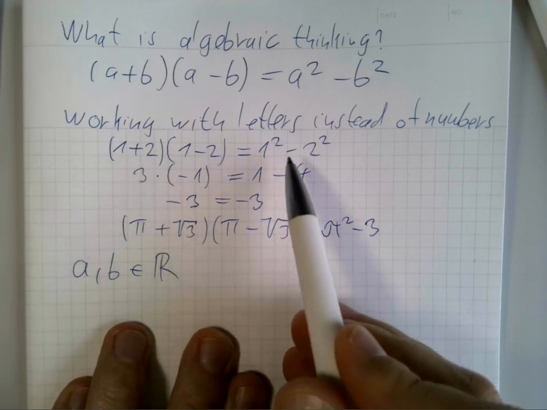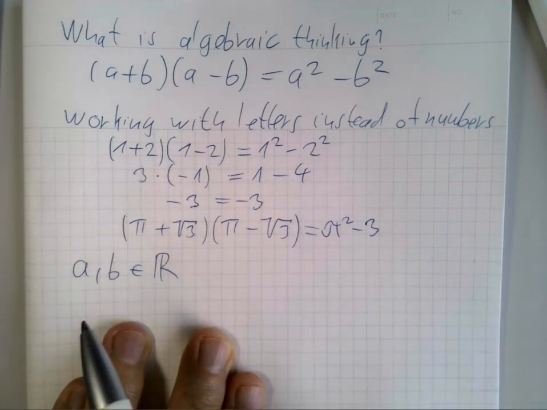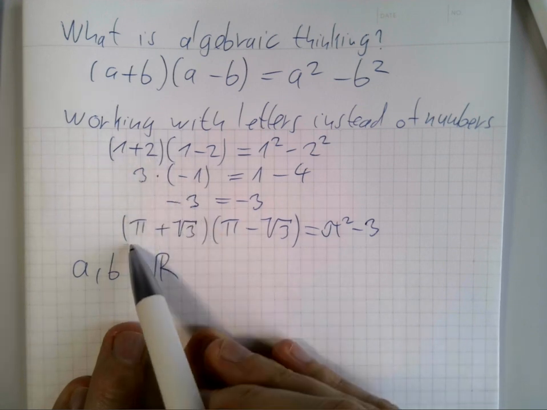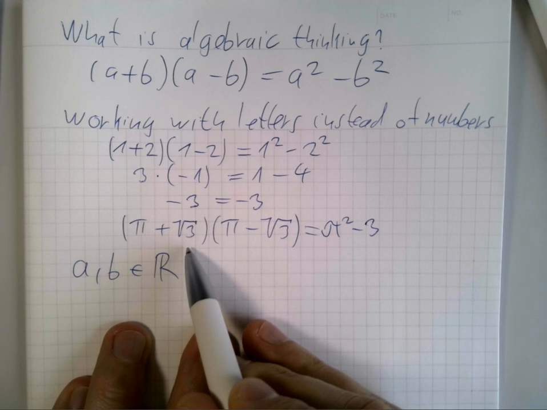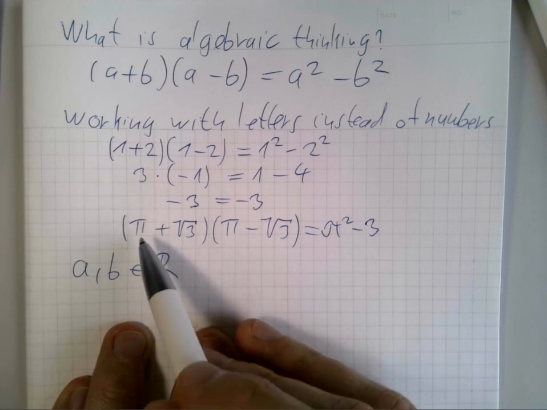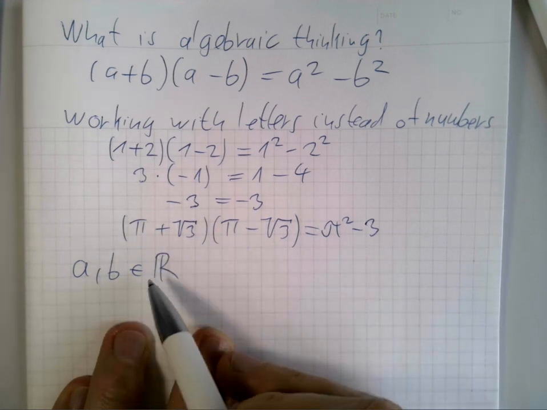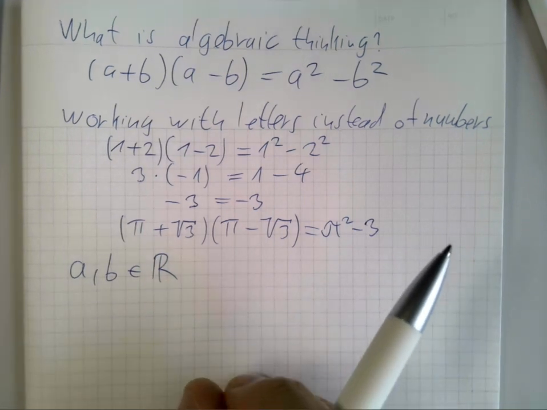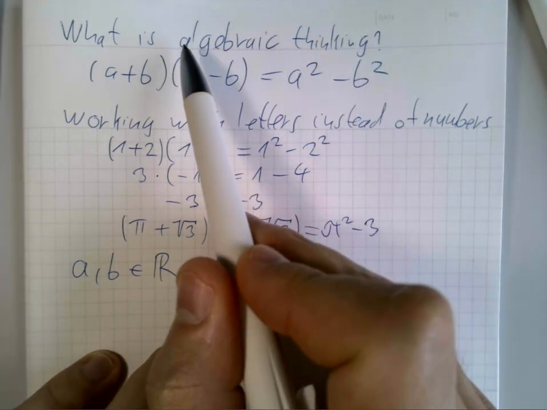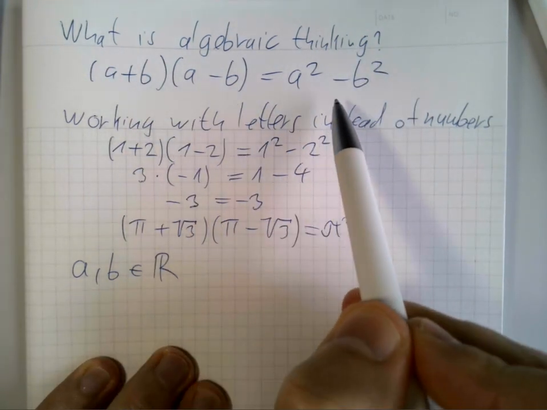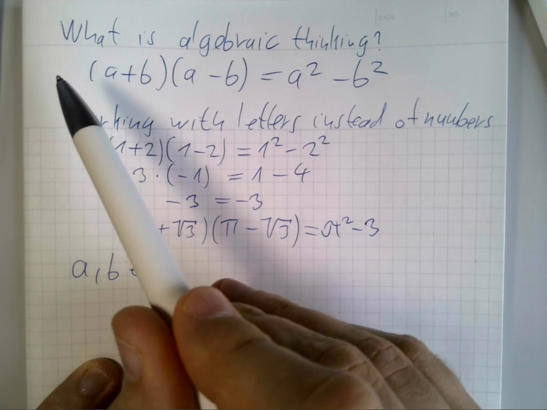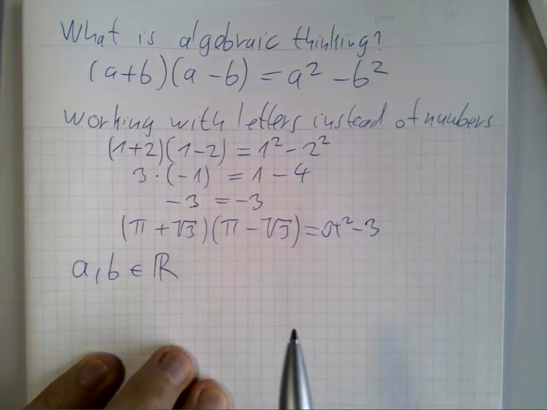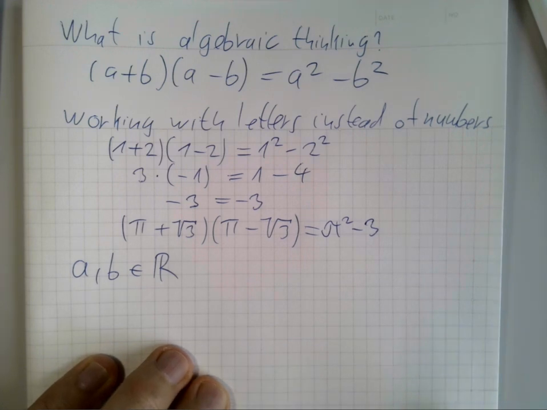Here I picked a equals 1, b equals 2, here I picked a equals pi and b equals the square root of 3. But I can pick any pairs, and this will be a true statement. So this is a very nice and short way of writing down infinitely many true statements. The notation already has quite some power here.